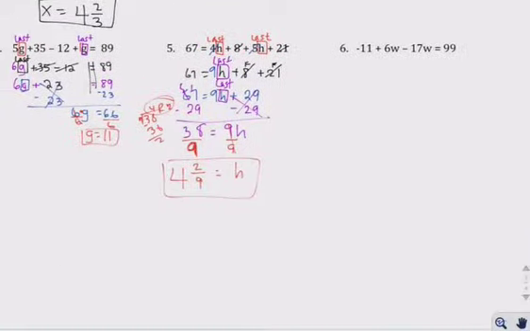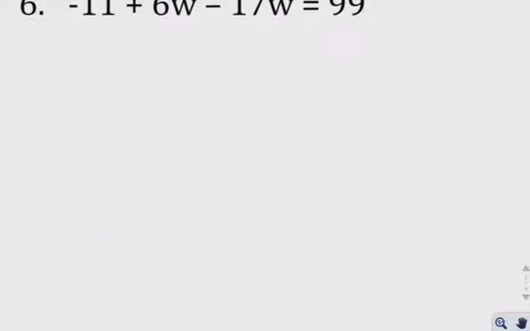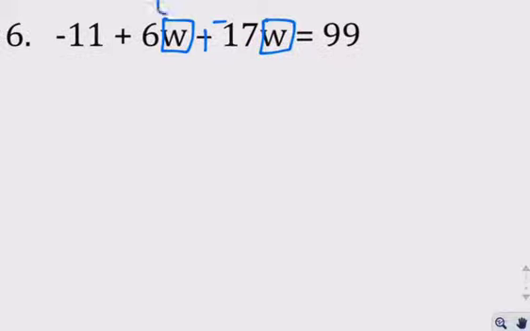Number 6. Additive inverse plus a negative. Okay, we can't have two last. That's a last and that's a last. We need to combine them.